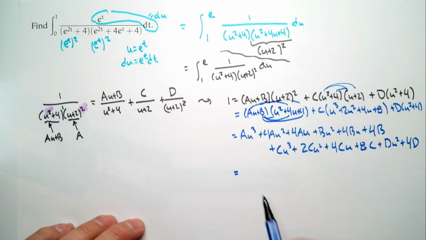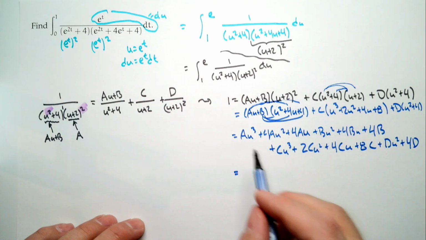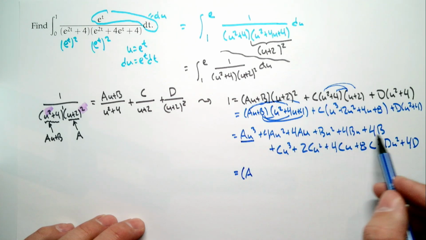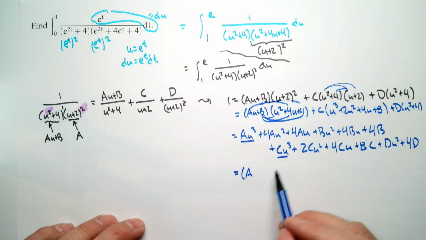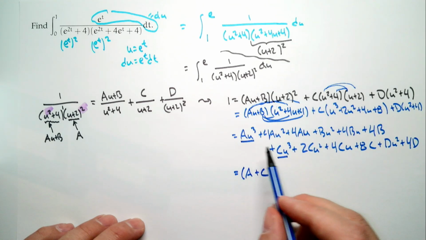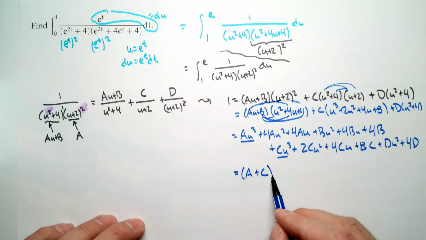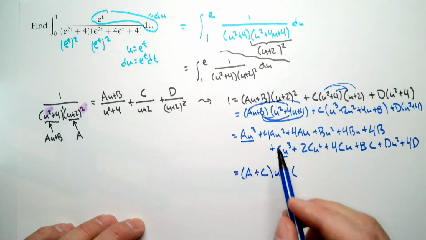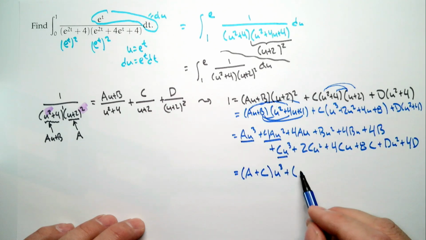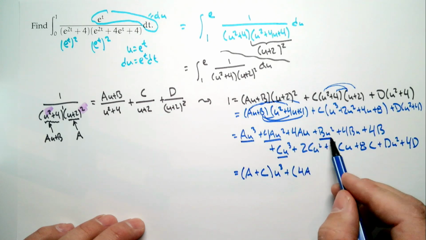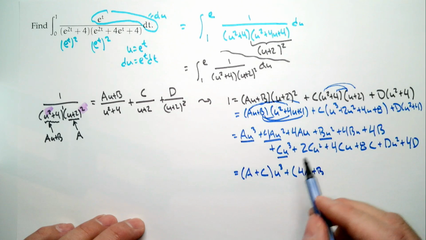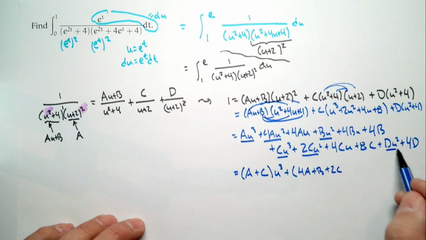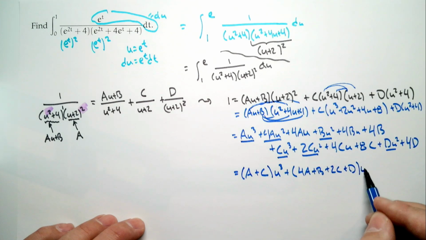So, how many u cubes are there? Well, I see a u cube there. So there's a, and I see u cubed there. That's c, and that's it. So that's a plus c u cubed. Okay, now what? Well, work down to u squared. There's 4a, there's b, there's 2c, and there's d. And that's your u squared.